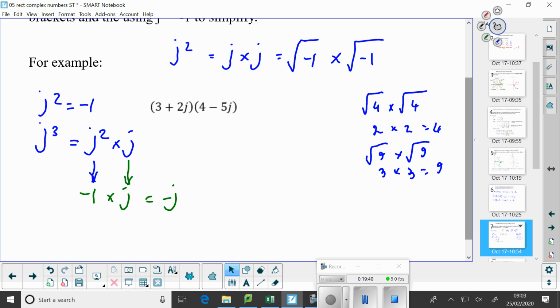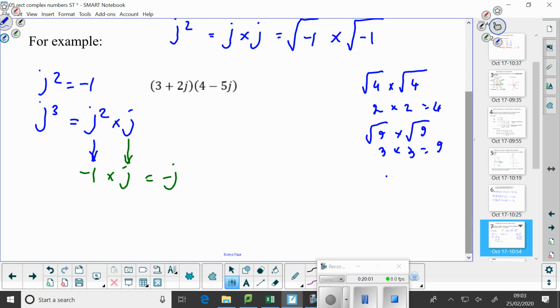So j cubed we can write as j squared times j. Everyone agree? The j squared bit is worth minus 1. The j on its own is worth j. So minus 1 times j must be minus j. And that's where we are on our axis, remember?